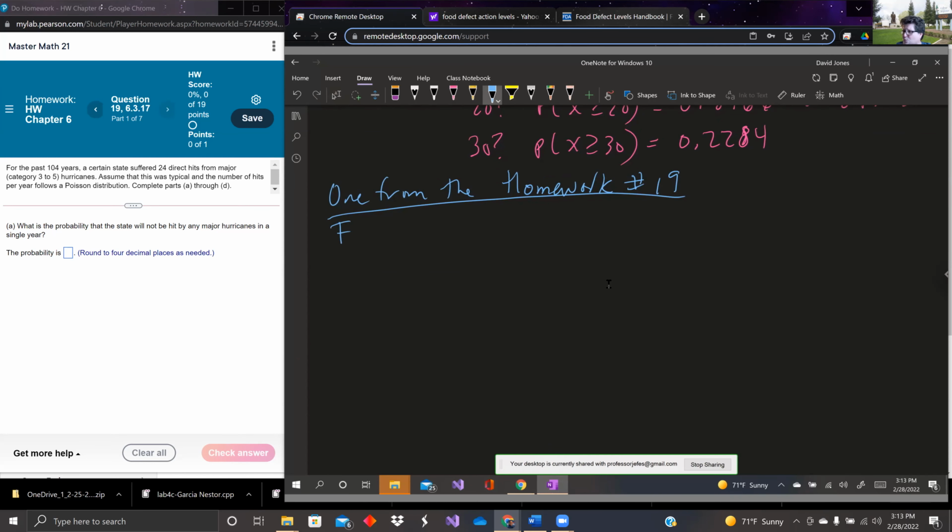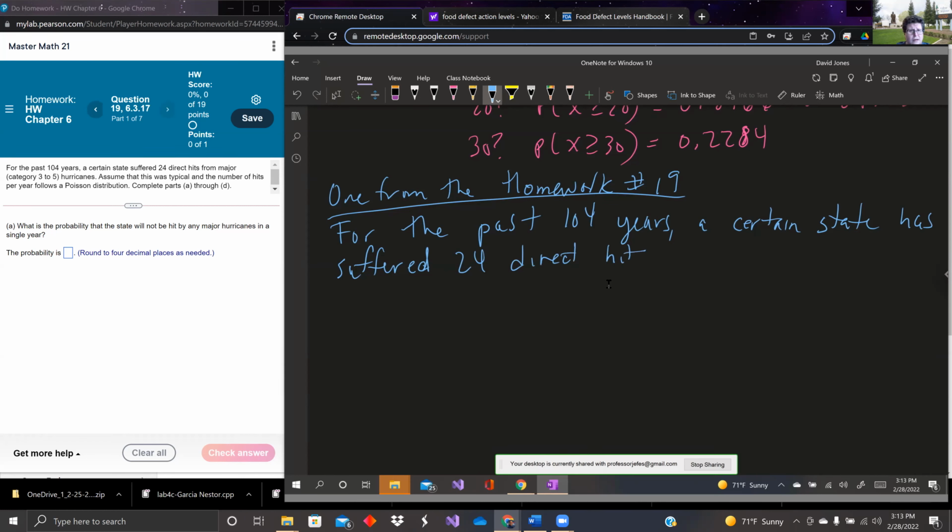It says for the past 104 years, a certain state has suffered 24 direct hits from major hurricanes, composed of categories 3 to 5 on the hurricane scale.